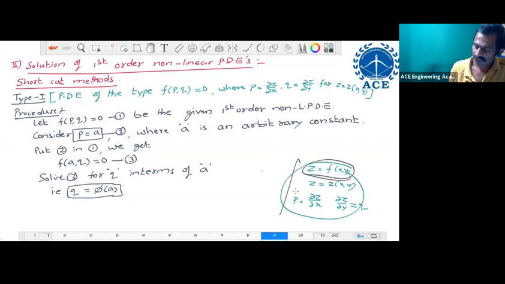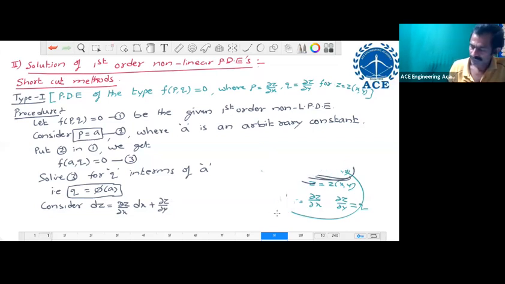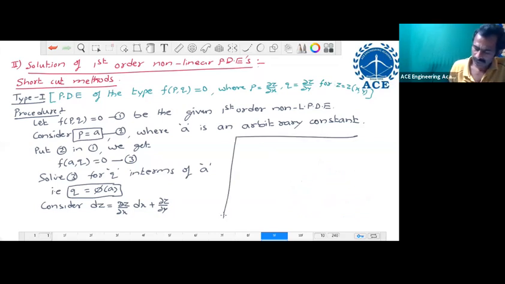To find z in terms of the other variables, consider dz equal to dou z by dou x into dx plus dou z by dou y into dy.